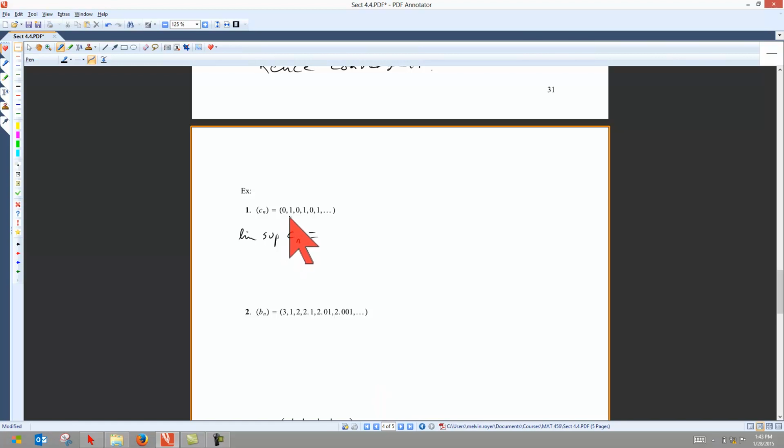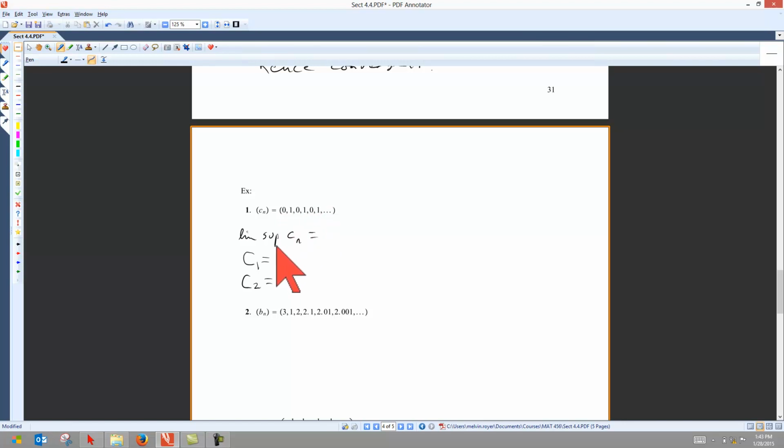So starting from position 1 here, what's the biggest thing in this sequence? By the way, since the sequence was little c sub n, let me define capital C sub n, capital C sub 1, capital C sub 2, and so on, in the same notation as up above. Okay, from position 1, what's the biggest thing from the first element on out?